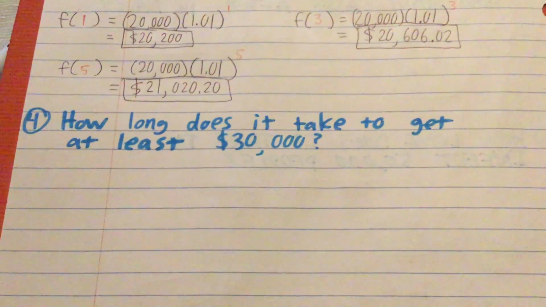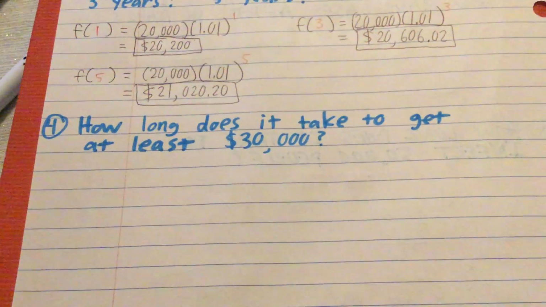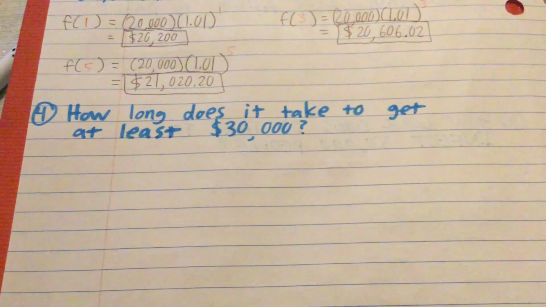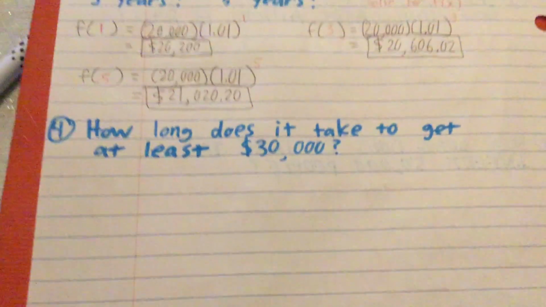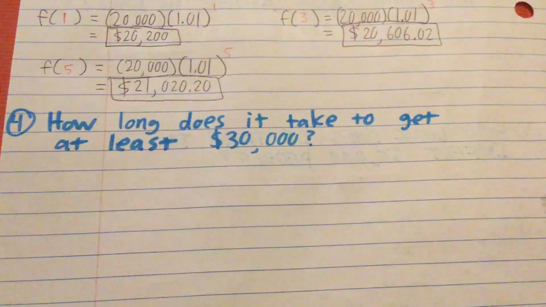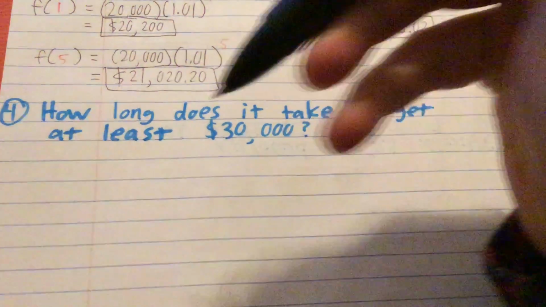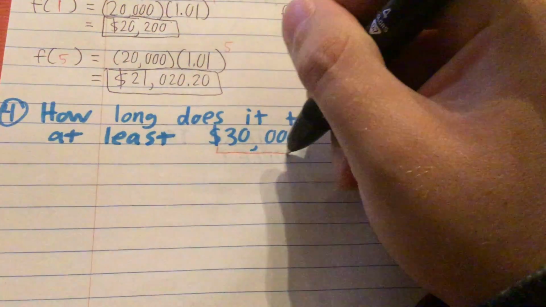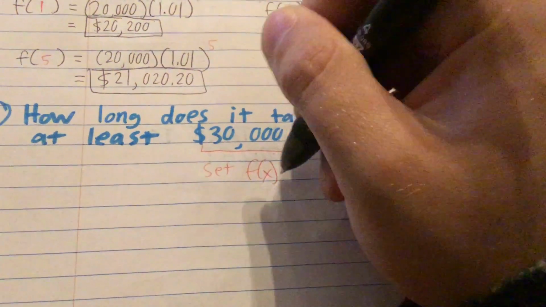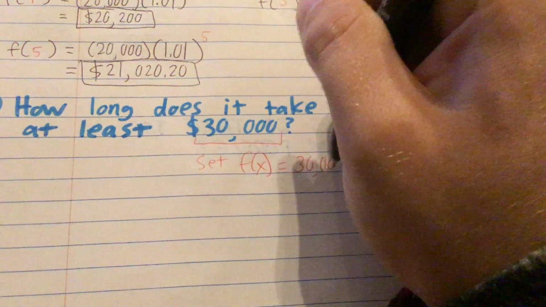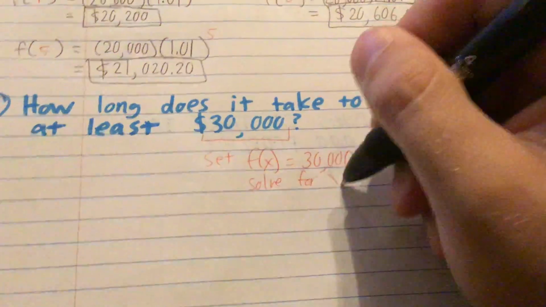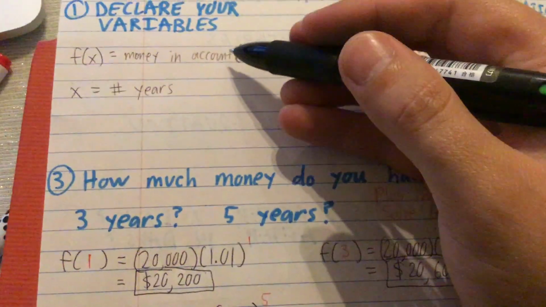So let's just say I put a hypothetical out there. Let's say you do absolutely nothing. How long does it take to get at least $30,000? Okay, so if I want to figure out how long it takes to get to at least $30,000, that means I set f of x equal to 30,000 and solve for x, because I know the amount of money in the account.